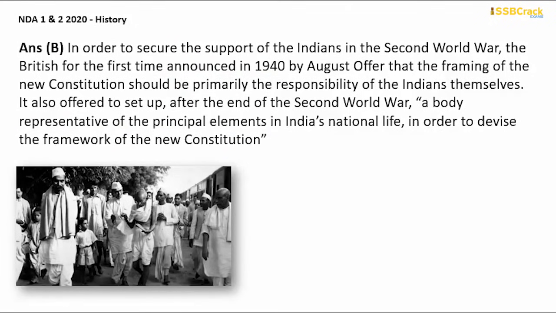See, in order to secure the support of Indians in the Second World War, the Britishers for the first time announced in 1940 the August Offer. Under that offer, they said the framing of the new constitution should be primarily the responsibility of Indians themselves. Also, they offered to set up a body of representatives of the principal elements in the national life in order to devise the framework of the constitution.